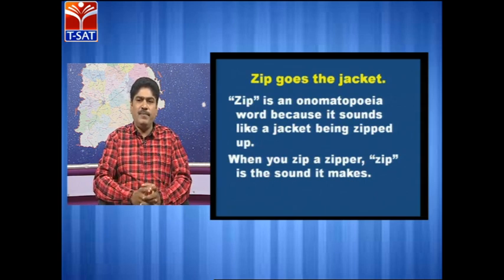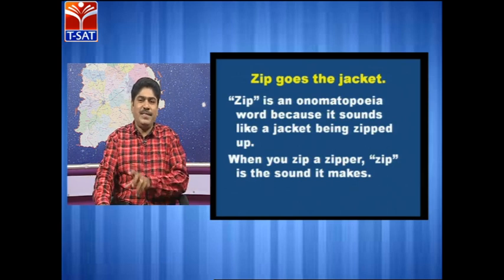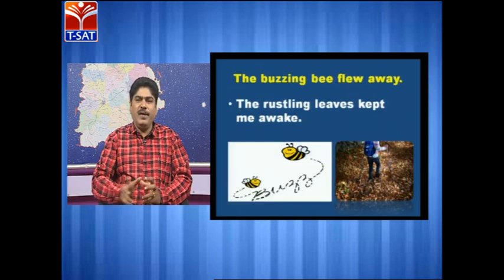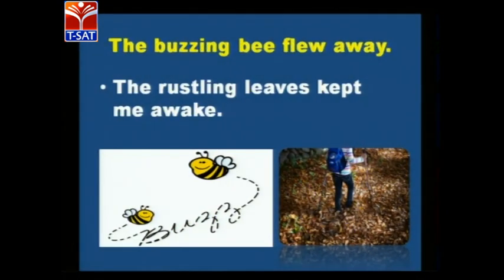When you hear the word zip, you understand that the sound imitates a zip, that you recall a zip there. That is the greatness of onomatopoeia. You observe here, the buzzing bee flew away. The bee gives a buzz sound, that we call a buzz sound, that is an onomatopoeia word. There is a relation between that word and the sound it makes.